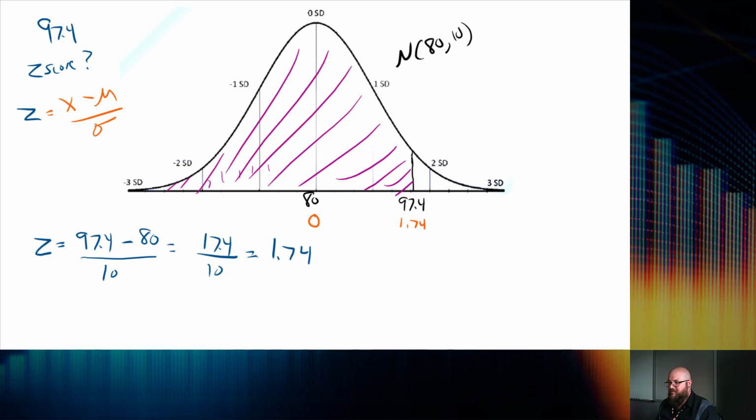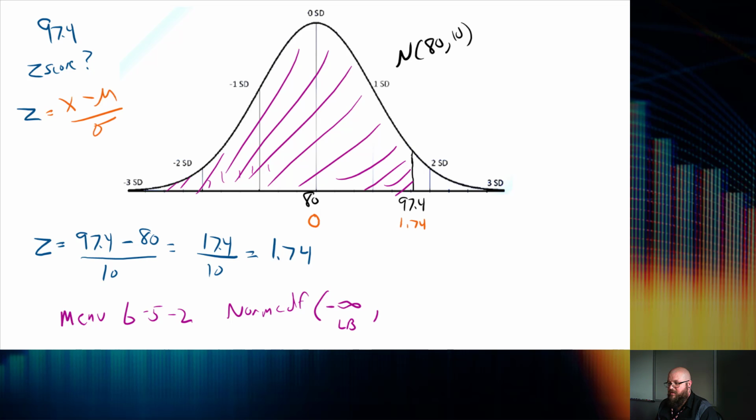If you have a calculator, if you have a TI Inspire, you can simply go Menu, 652 for normal CDF. And with that, it's going to ask you initially your lower bound, which in that case is negative infinity.